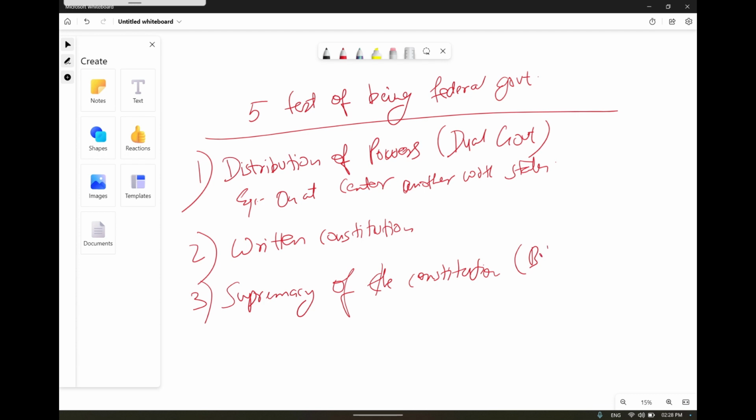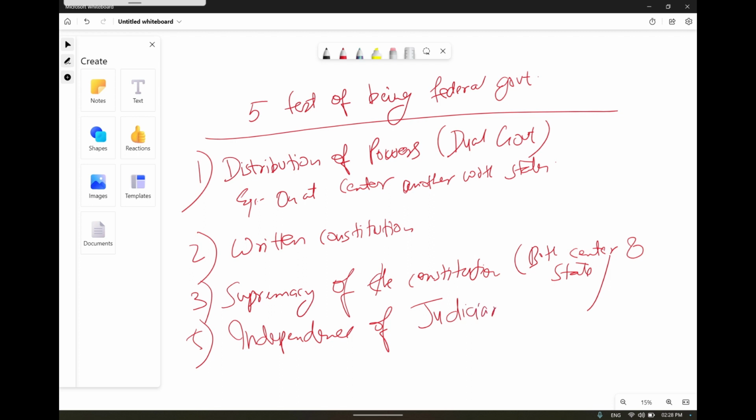It should be for both center and state. Okay, and fifth, the judiciary should be independent. So independence of judiciary should be present.